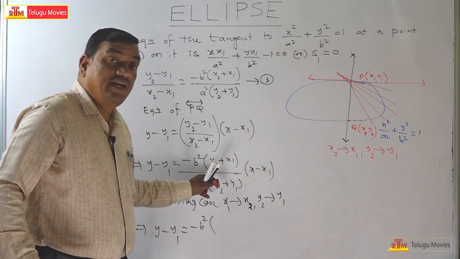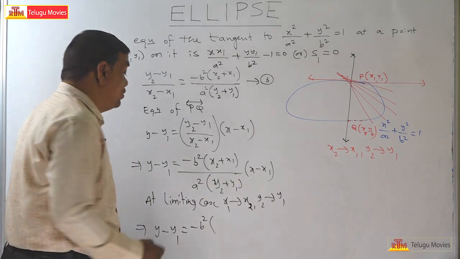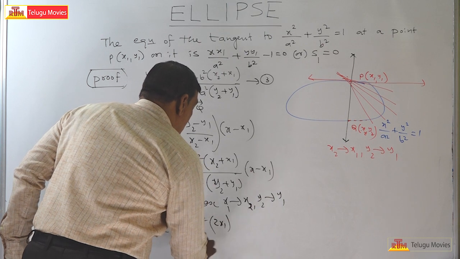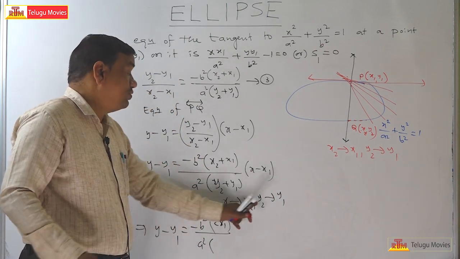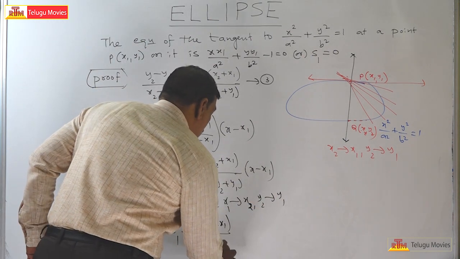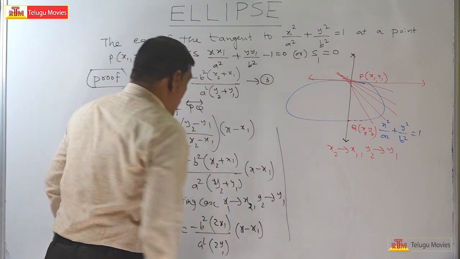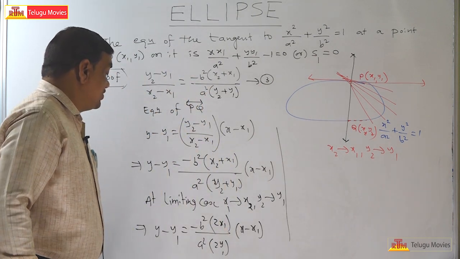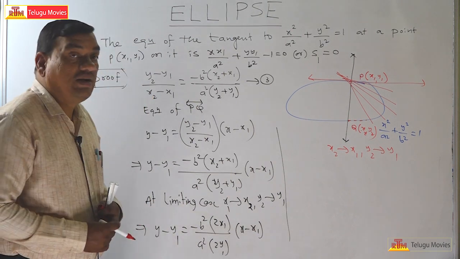In place of x2, substitute x1. So x1 plus x1, 2x1 by a square into, in place of y2, substitute y1, so 2y1, times (x minus x1). Right, 2 will get cancelled, and let us do a cross multiplication.